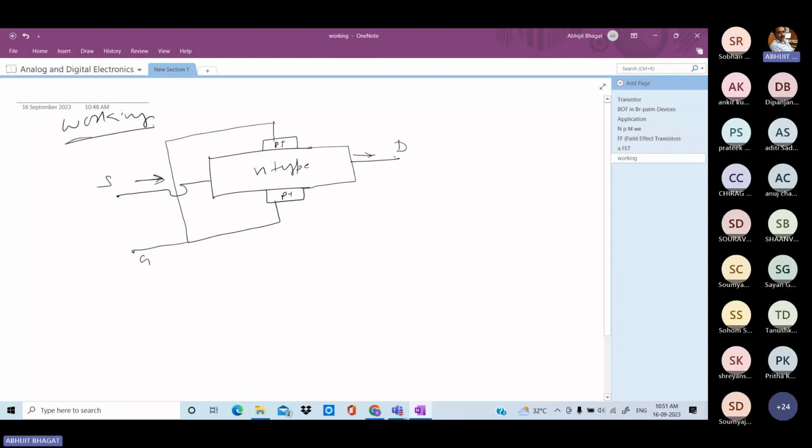Here this is an N type semiconductor, so the majority charge carrier is electron. The region through which majority carrier enters is the source, and the region through which majority carrier goes out is the drain. You can note down: the terminal through which majority carrier enters is called the source terminal, and the terminal through which majority carrier leaves is called the drain terminal.